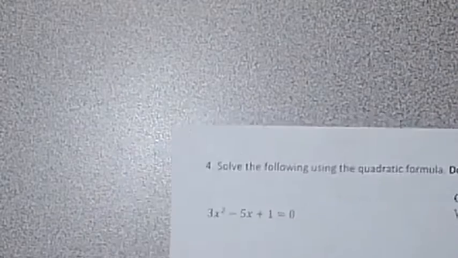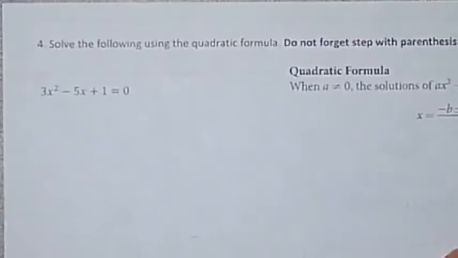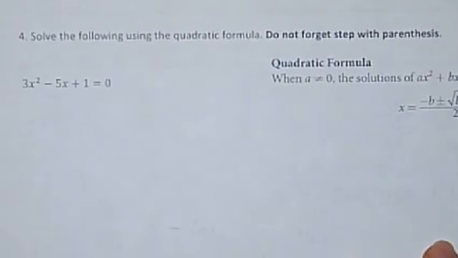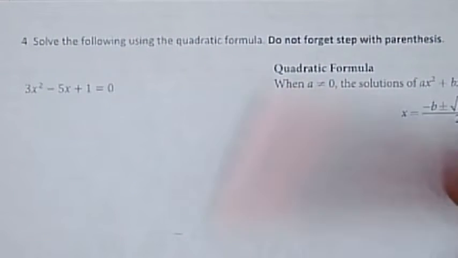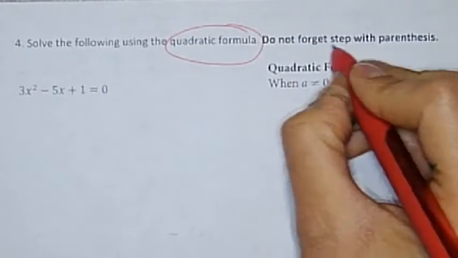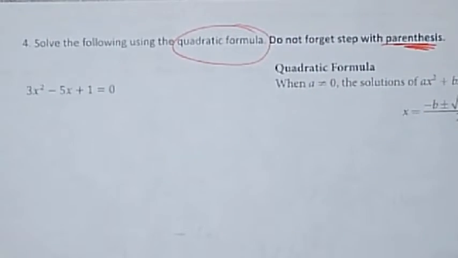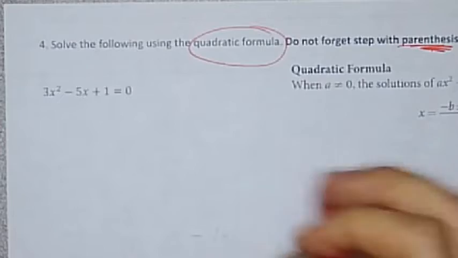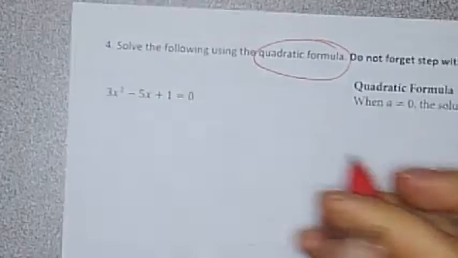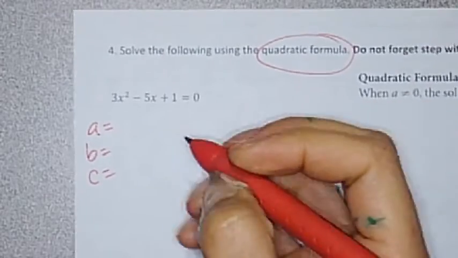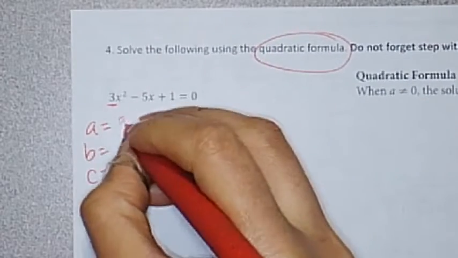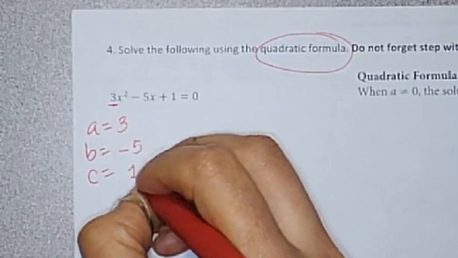Alright. On the back, we're going to solve using the quadratic formula. And do not forget the parentheses. So my first step is going to be identifying A, B, and C. A is 3, B is negative 5, C is 1.